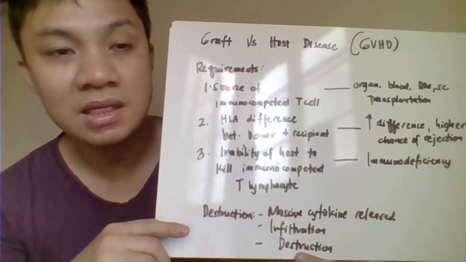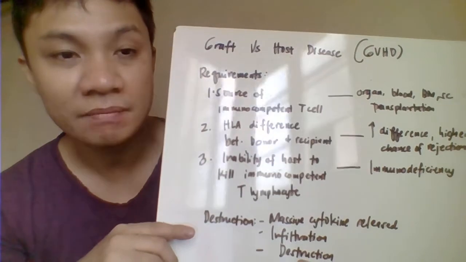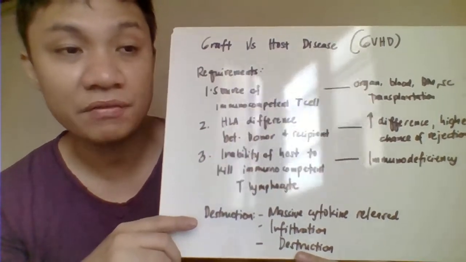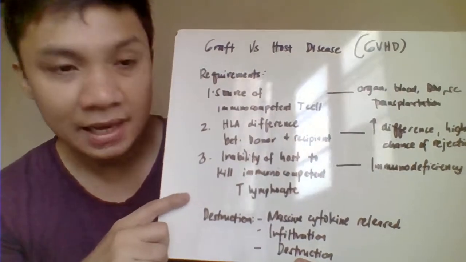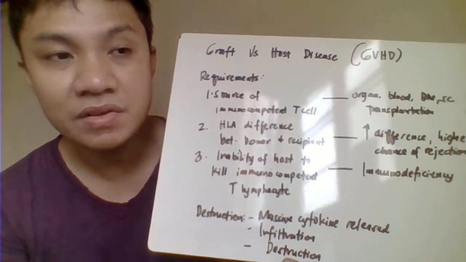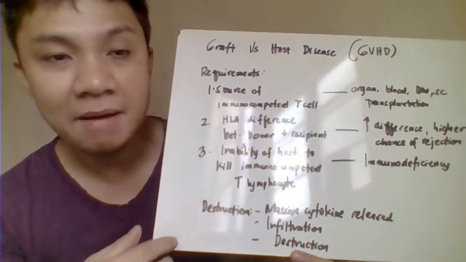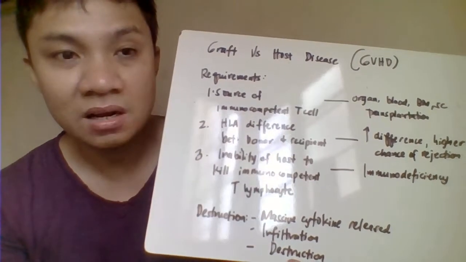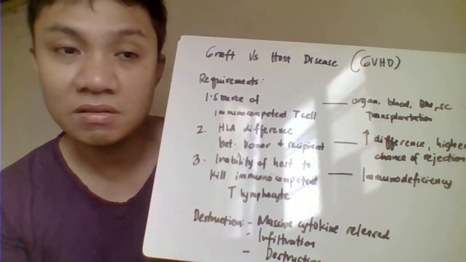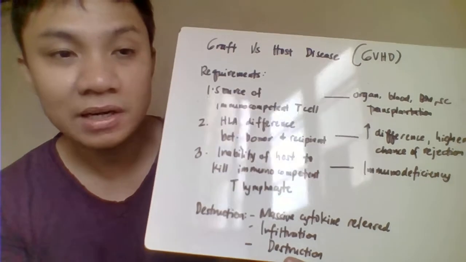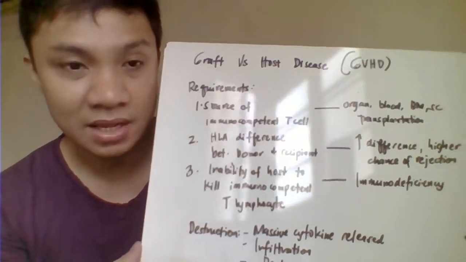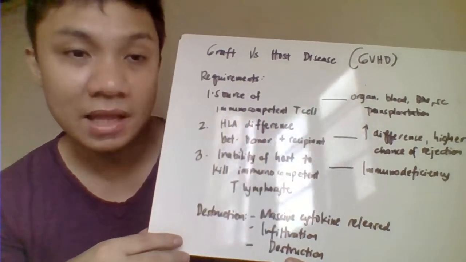But in the case wherein they are incompatible with their HLA, there is a higher chance of graft versus host disease. And lastly, once you transfuse the unit of blood containing the immunocompetent T lymphocytes, normally, once those immunocompetent T lymphocytes are given to the host, the host will recognize them as a foreign antigen, and therefore the host will kill them.